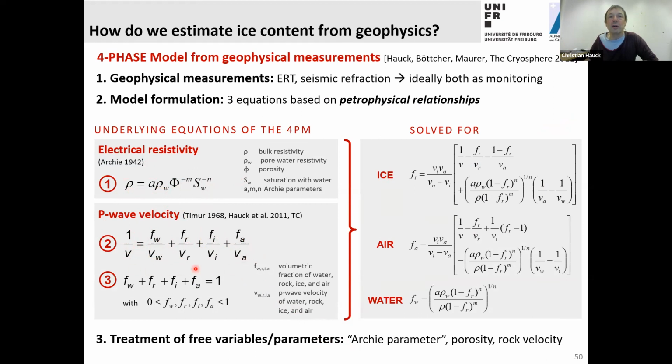So that's just weighted by the fractions. And the condition is that all these fractions, so the water content, rock content, ice content, and air content, must sum to 1 at the end. And from these equations, if you prescribe one of these components, usually the porosity, you can calculate directly ice content, air content, and water content.